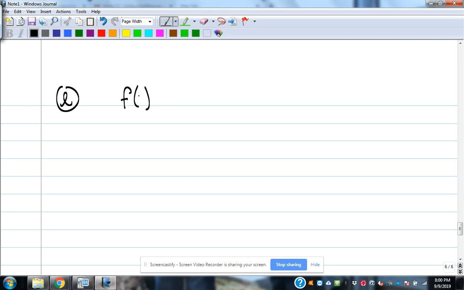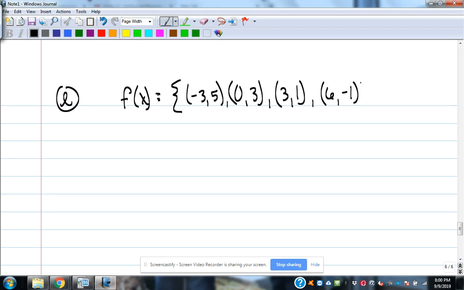Here's our function, f of x, and it's a set of ordered pairs: -3, 5; 0, 3; 3, 1; and 6, -1. Okay?